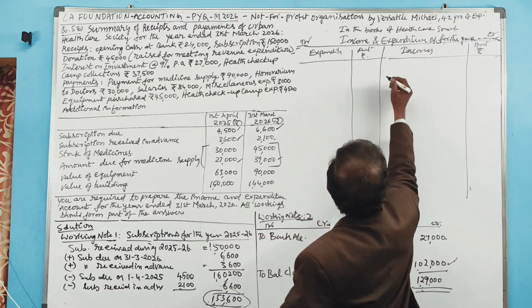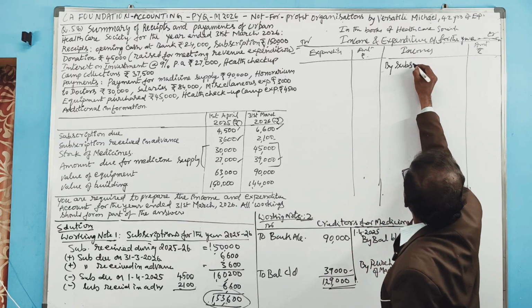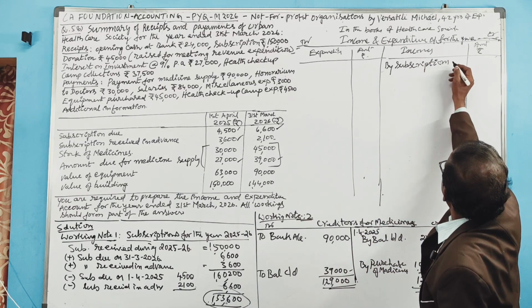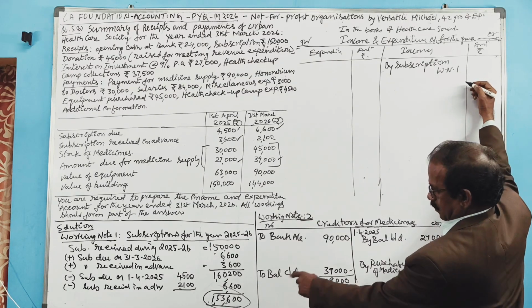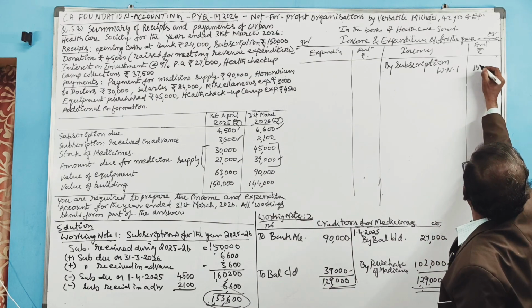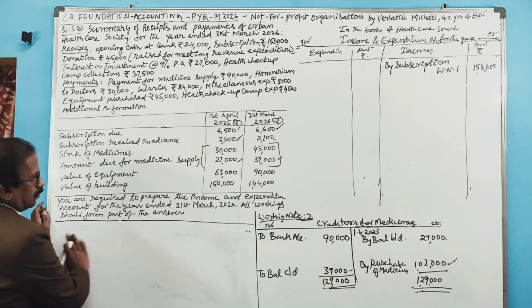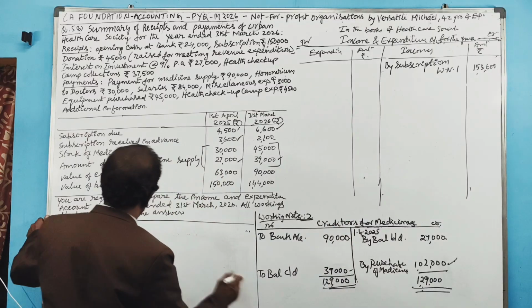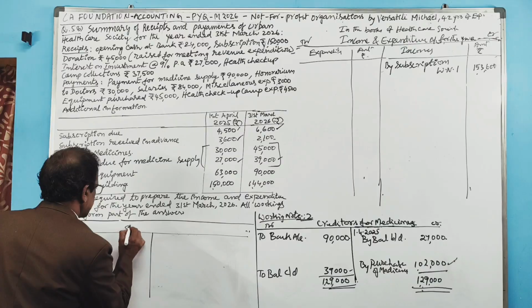Working note 1. By subscriptions. Working note 1. 1,53,600. And after that, now once you prepare this creditors for medicines account, you should prepare stock of medicines account.